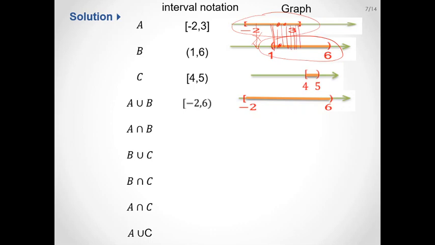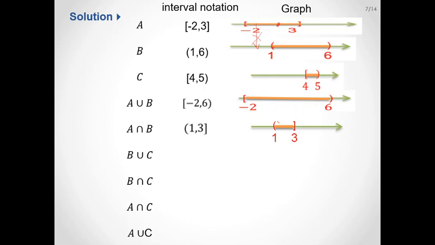It will start from 1, but 1 is not included, and it will go up to 3. So this part here is the intersection, 1 to 3. And of course the interval will be from 1 open, 3 closed.